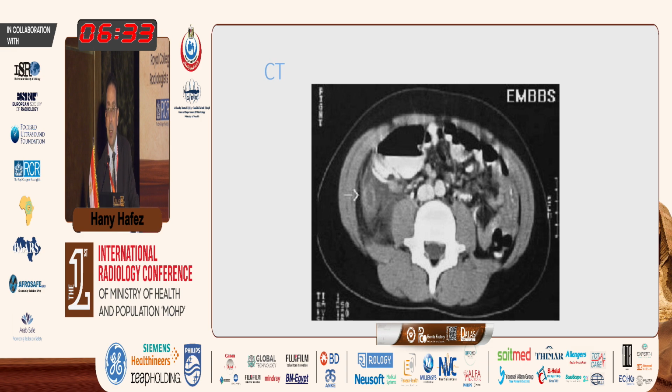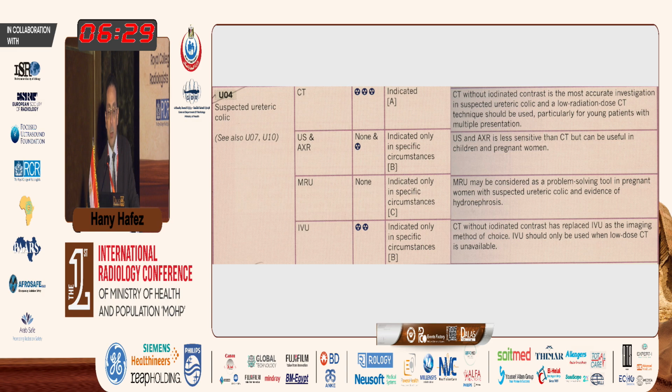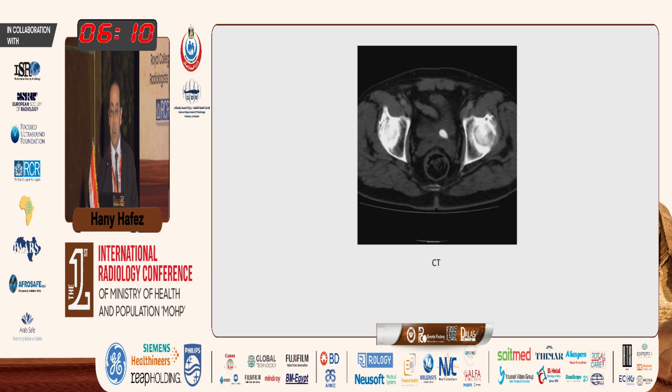That is CT scanning to confirm the diagnosis. In children, we shift to MRI. In suspected ureteric colic, which differs from acute abdominal pain, we shift directly to non-contrast CT study.